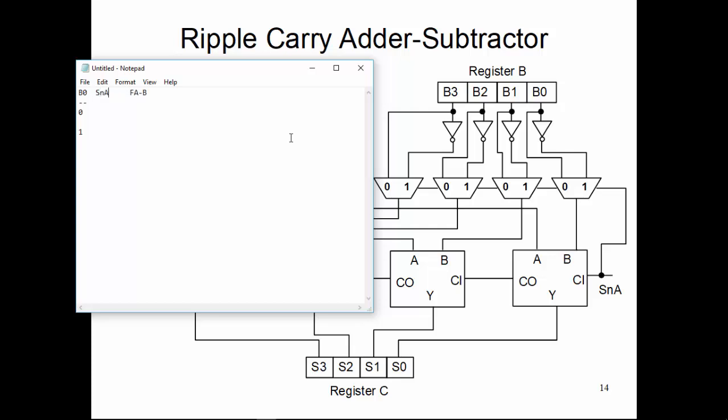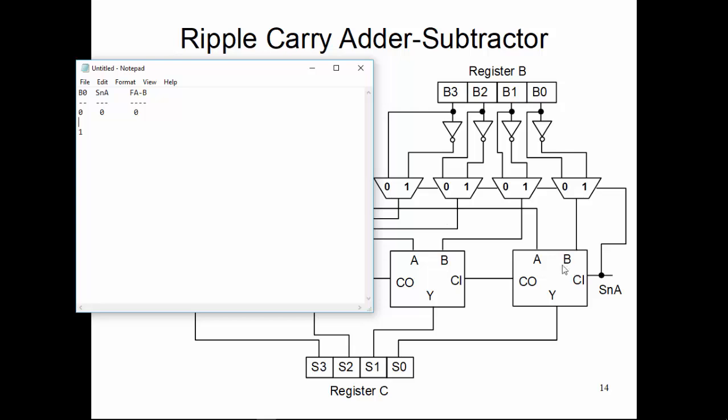So if S and A was 0, you need to feed B0 into this B port of the first stage full adder circuit, because it is an addition.